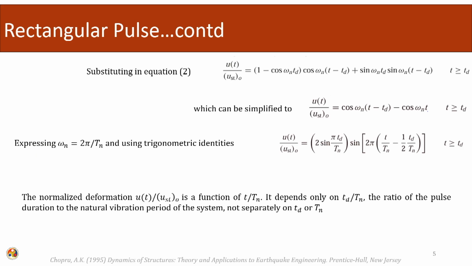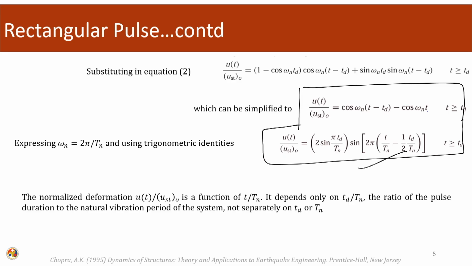So we will get the response of the system for the phase when the forcing function is removed. So this is the simplified form of this thing. If we simplify all these things, we see that the response of the system is a function of time of loading as well as the natural frequency of the system.